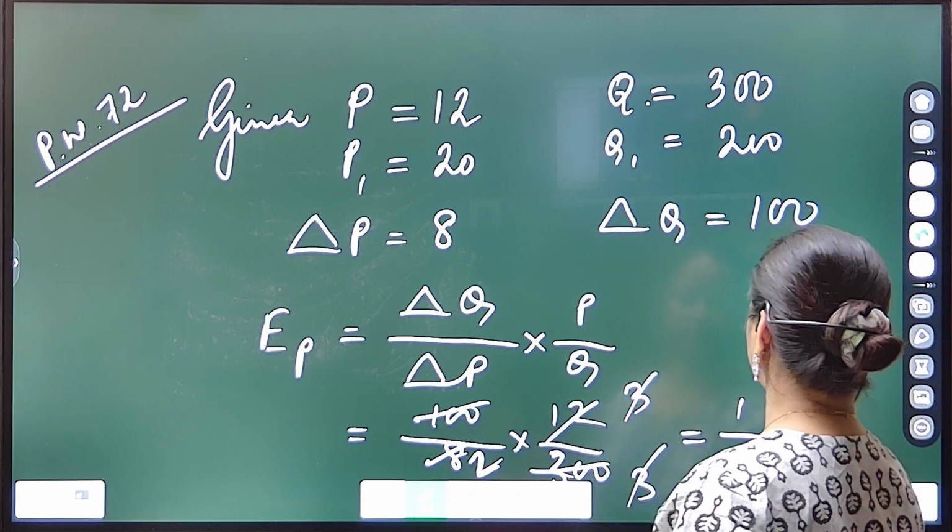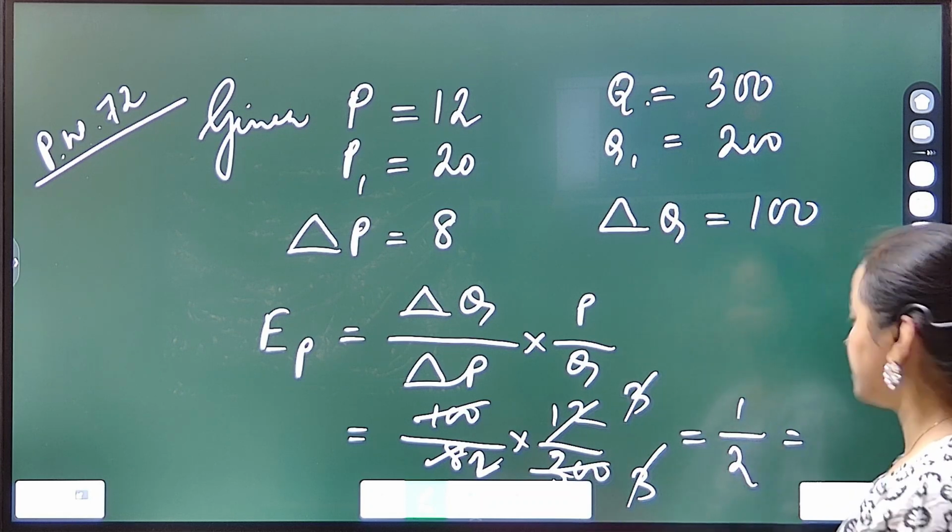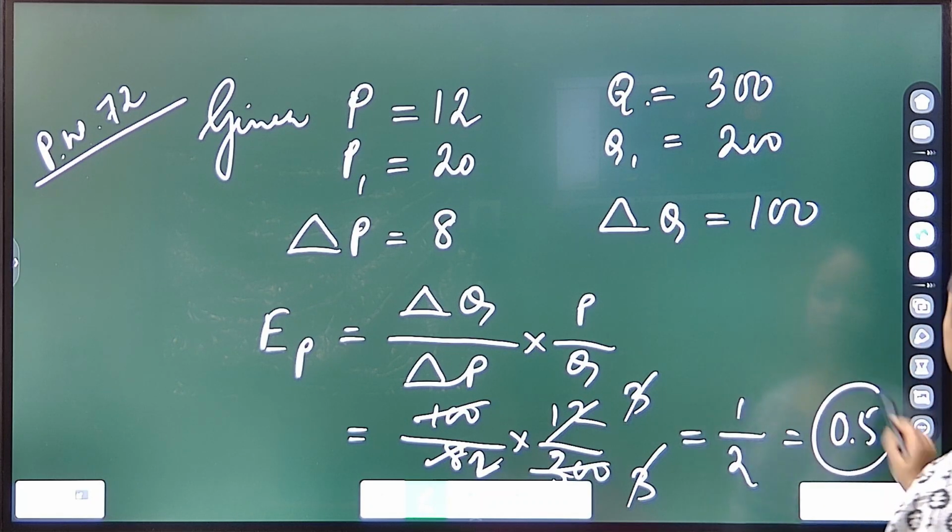So we are getting 1 by 2, which means 0.5. So what is the correct option here?